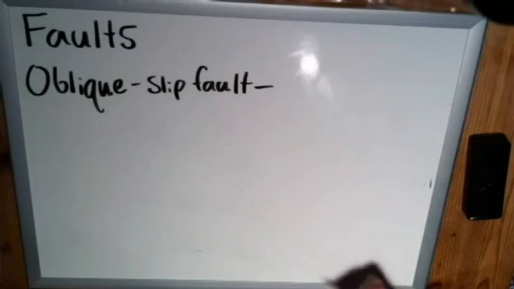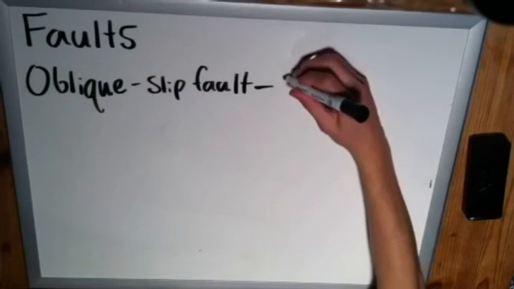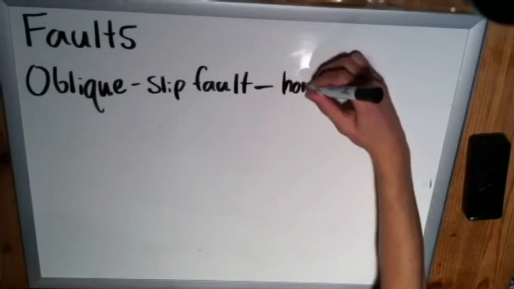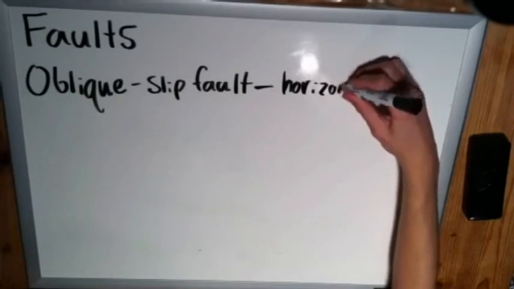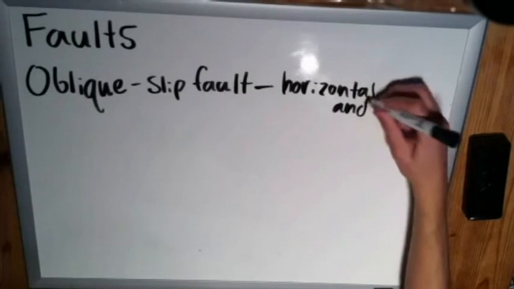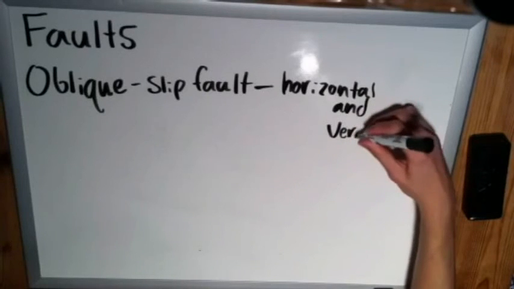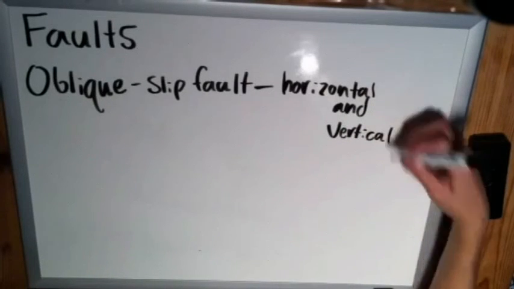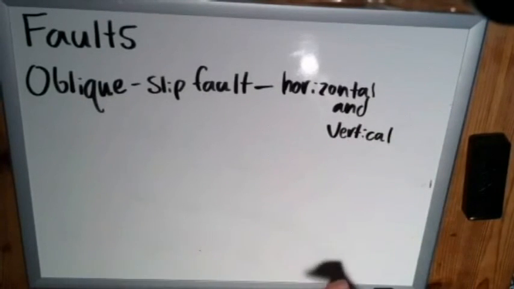And this one we see a lot more in the real world, because oftentimes faults do have this behavior. It is both horizontal and vertical movement. So you'll have a bit of the strike slip and a bit of the dip slip components in there.